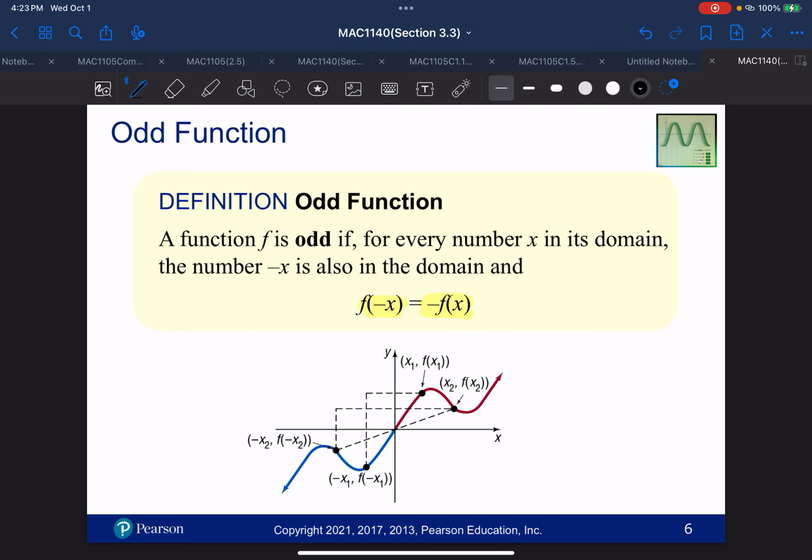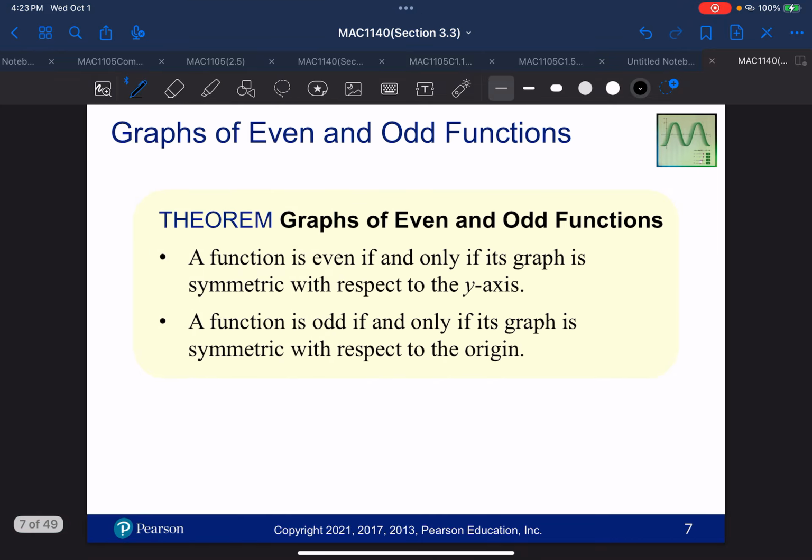We're going to talk more about that symmetry, but it should be kind of a review. But this is an example of a graph that is odd, and it is symmetric about the origin. So this is just saying what I said. If it's even, it's symmetric with respect to the y-axis, and if it's odd, then it is symmetric with respect to the origin.